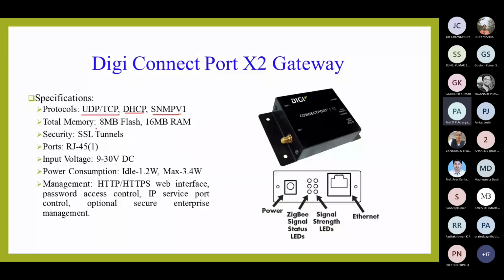It has an SSL tunnel, and the port is RJ45. Then you have power consumption: idle mode is 1.2 watt, maximum is 3.4 watt. It is managed through HTTP, HTTP secure. Input voltage is this. These are Zigbee status signals. Here is power, and this is your Ethernet RJ45, and signal strength LEDs are of course there.